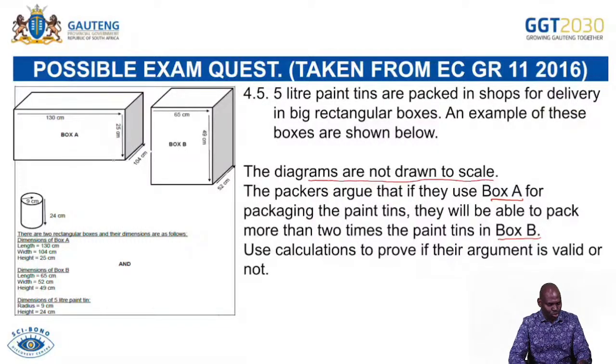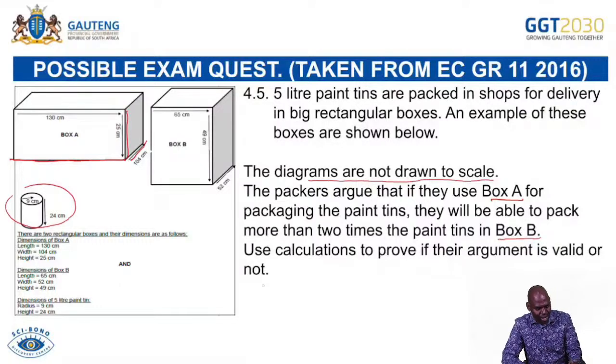Now, if I use this one, this is the length and that is the breadth, and then that is the height. And there we've got the dimensions of the tin. So for box A, I'm going to do it like this.